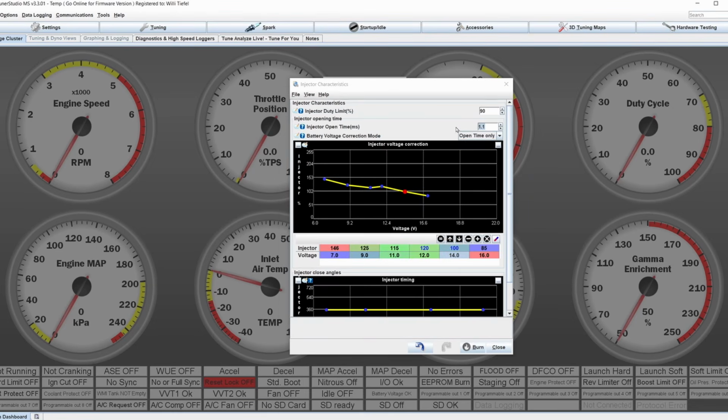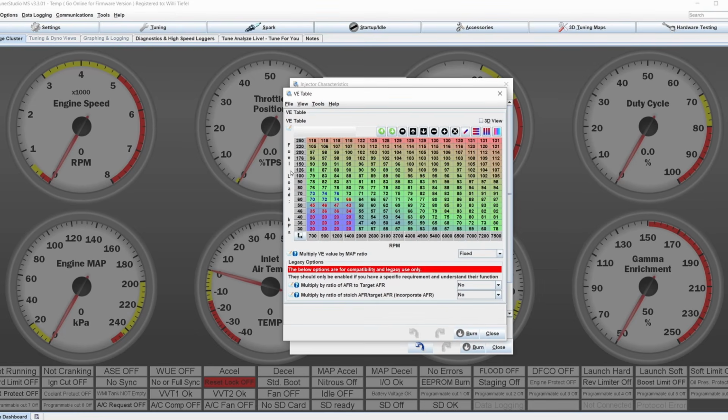So depending on where you are currently, you'll have to adjust that, and in whatever direction makes your VE table have to go up in this area you are having problems in, you go there, and that can solve your problem.